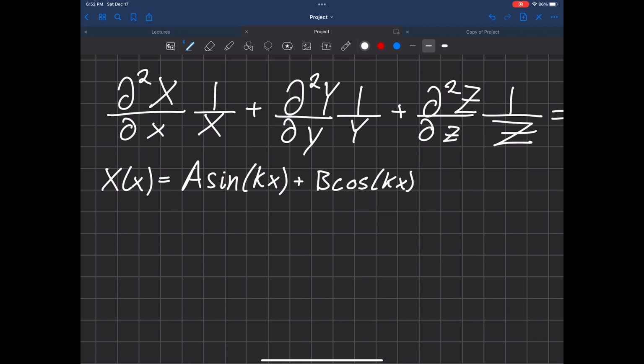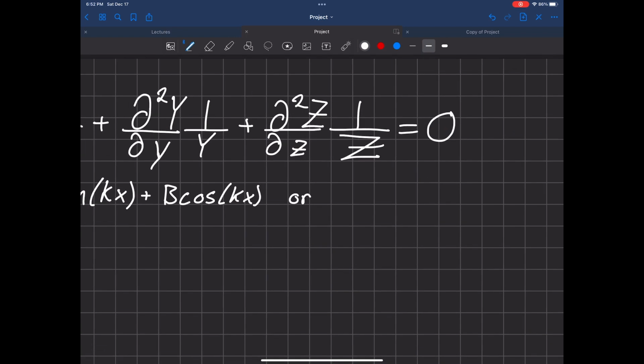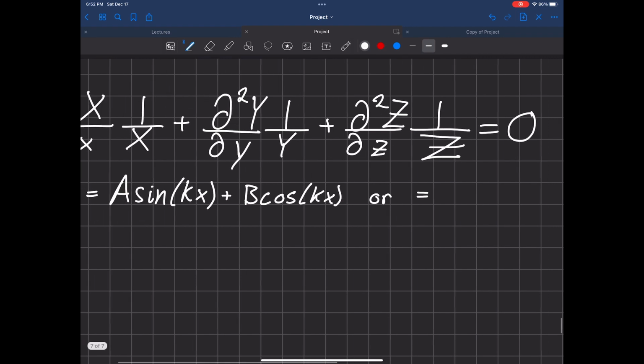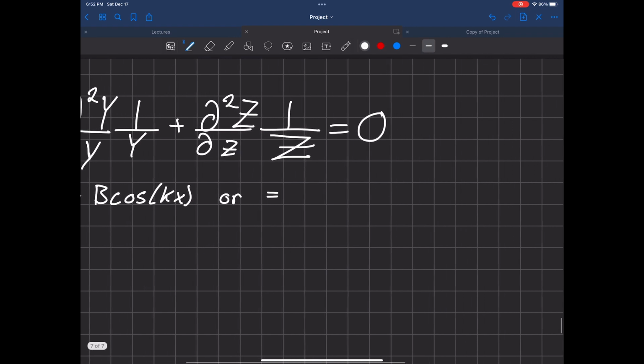Okay. And then what we could do is also say, or it could equal some variation of an exponent, so e, right? So we're going to have a, just some constant up front, times e to the power of kx, so we're going to stay with the same naming conventions, plus b e to the power of negative kx, right?